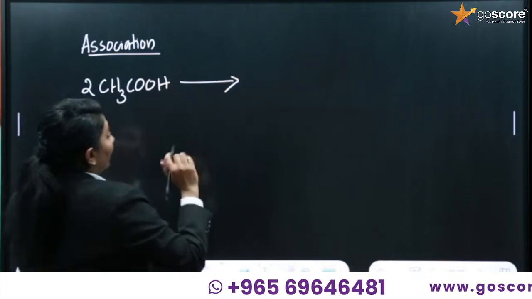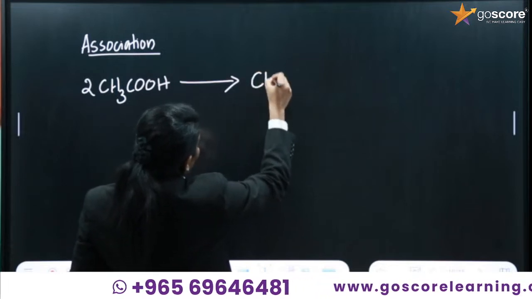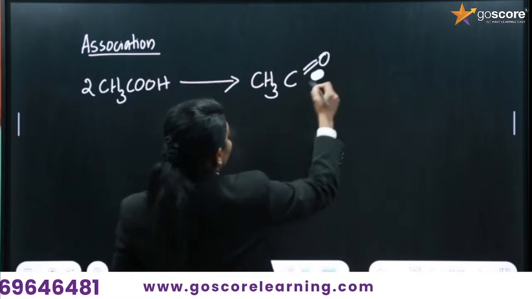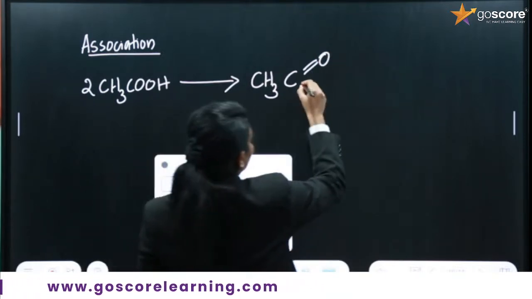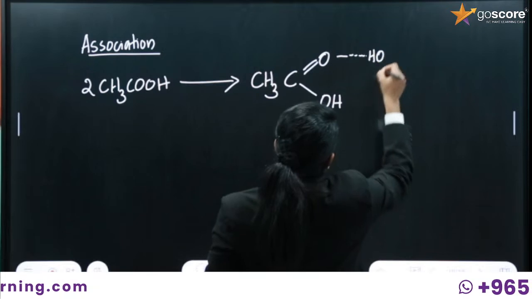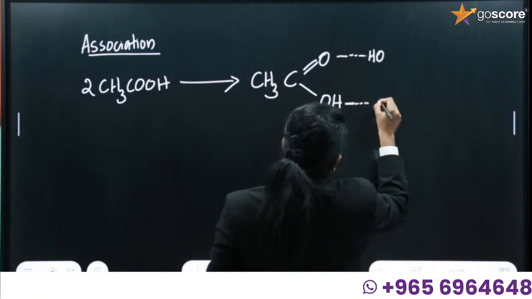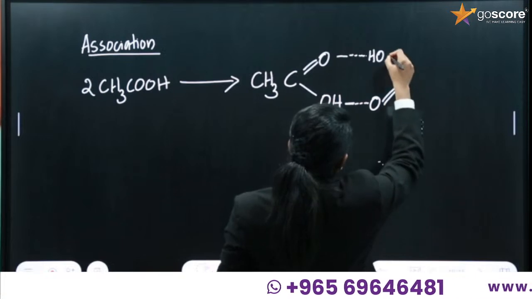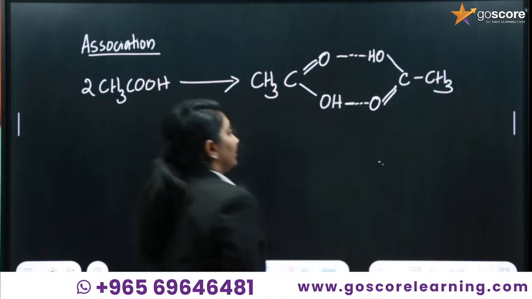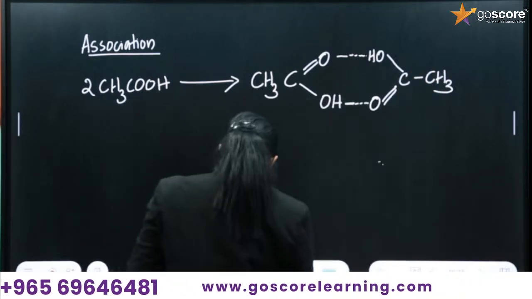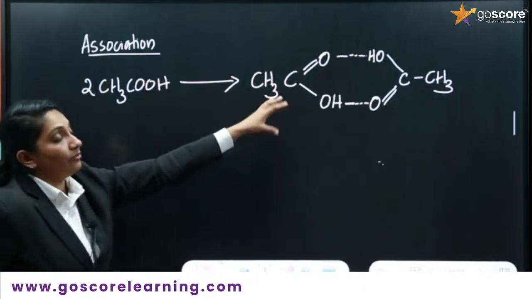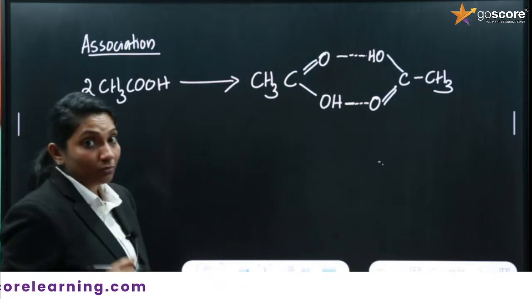So if you imagine 100% association is occurring, CH3, C double bond O, OH, here it will form hydrogen bond with OH, it will form bond with double bond O, right? So here 2 moles get converted, get associated to form 1 mole, right?